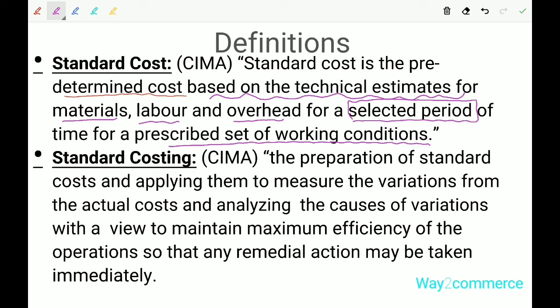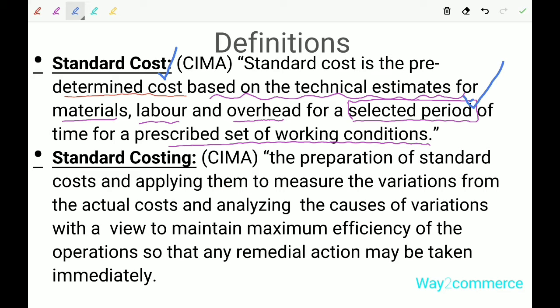What is the standard cost? Standard cost is a predetermined cost. It is based on the technical estimates for material, labor and overhead for a selected period of time for a prescribed set of working conditions. So it is the standard cost.